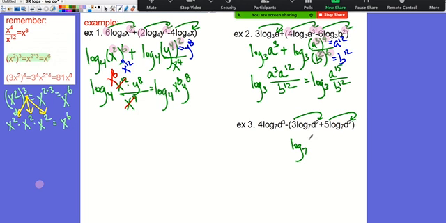It's plus, so that means times d squared to the power of 3 times d squared to the power of 5.